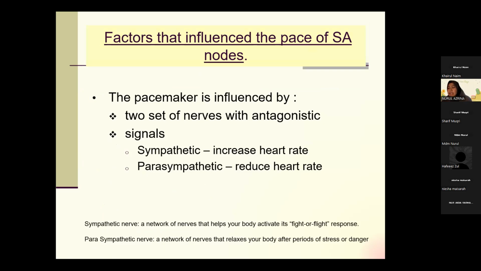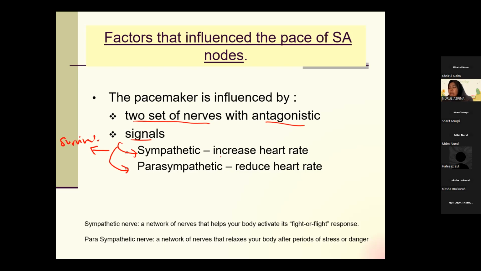The first one is influenced by two sets of nerves with antagonistic signals. Number one, two sets of nerves. Sympathetic nerve, parasympathetic nerve. Sympathetic nerve is a network of nerves that helps your body to activate fight or flight. Meaning, the sympathetic nerve is usually activated, right? Whenever you are in a mode of survival.